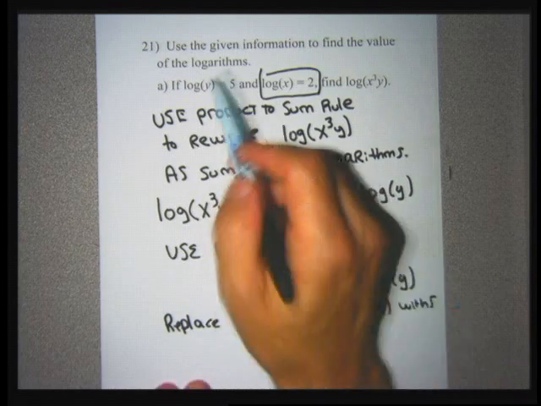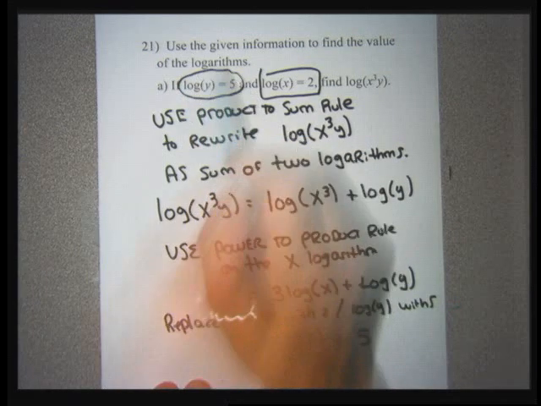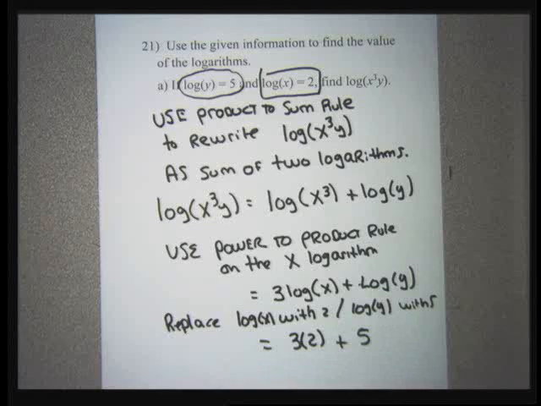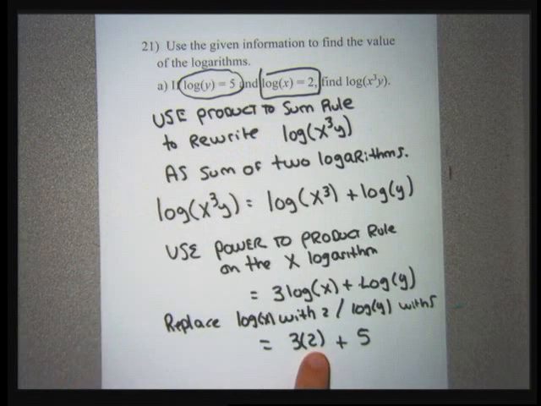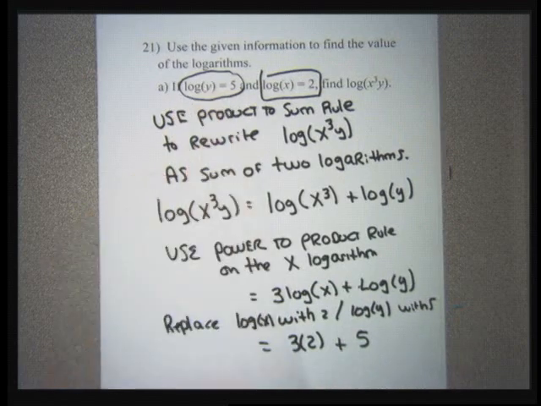Because I'm told that the log of y can be replaced with 5 and that the log of x can be replaced by 2. So 3 times the log of x can be replaced with 3 times 2 because log of x can be replaced with 2. Plus log of y can be replaced with plus 5 because log of y can be replaced by 5.